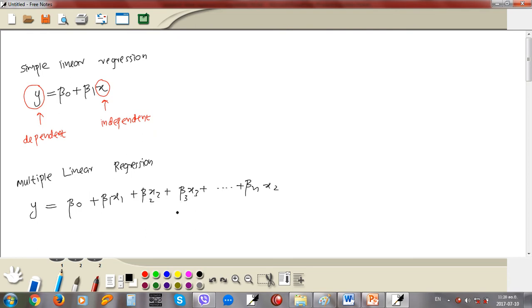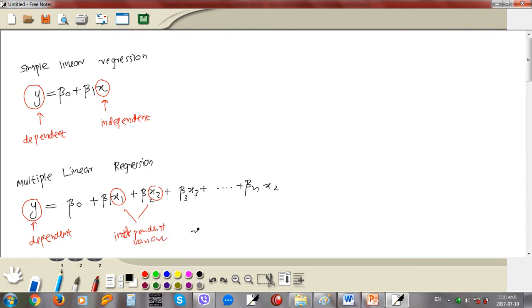Beta 2, beta 3. So this is again the dependent variable and those are independent variables, right?